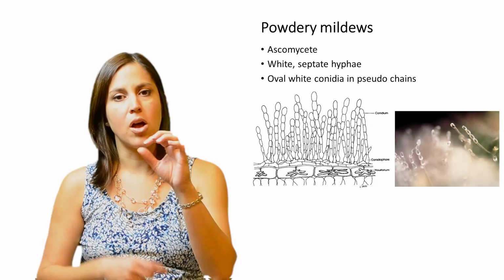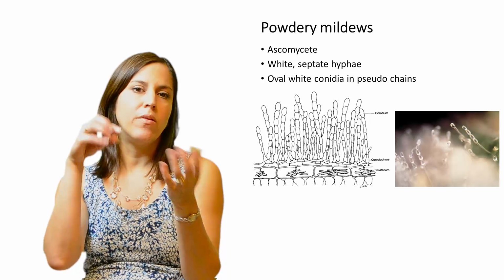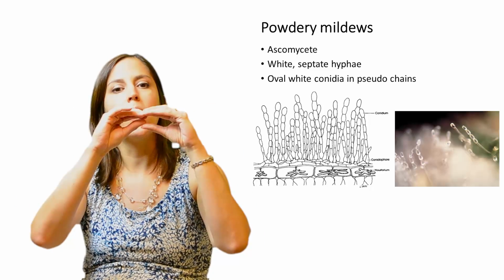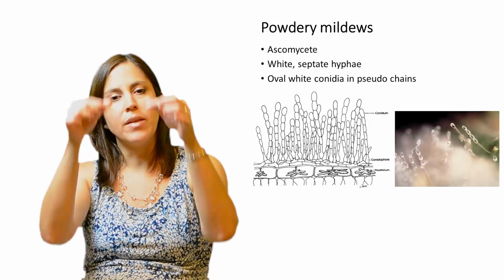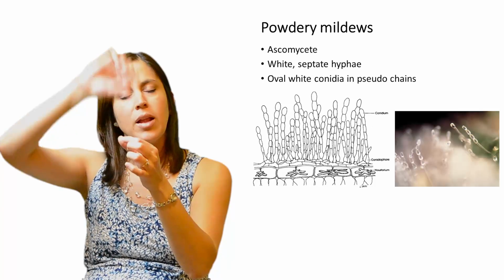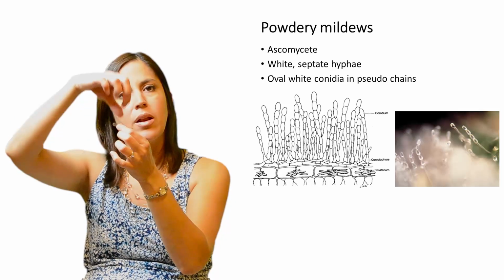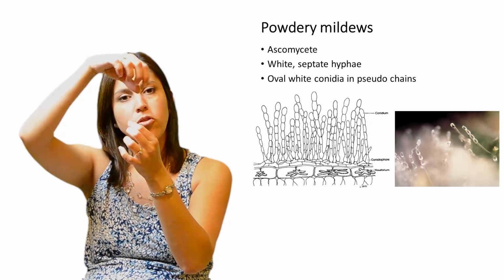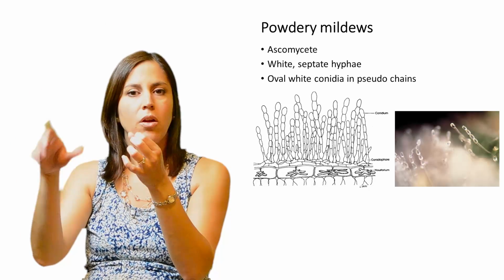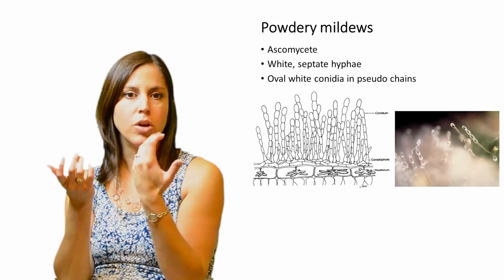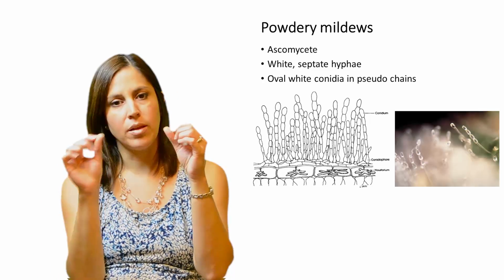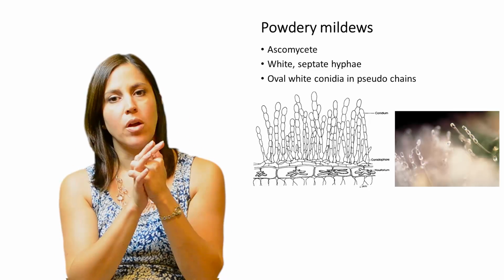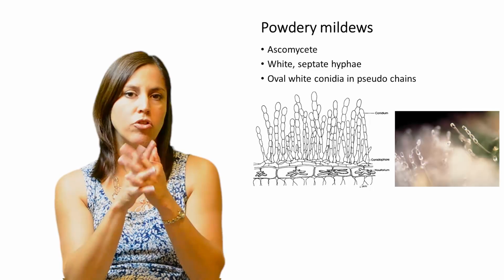This is just a diagram of how the powdery mildew grows on top of the leaf surface, with these little strings coming out, and then the chain of conidia, one on top of the other. In the other picture is the actual conidia, and the haustoria, which is inside the cells and some of the other tissues.